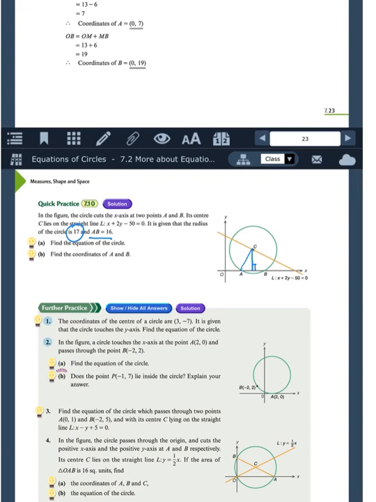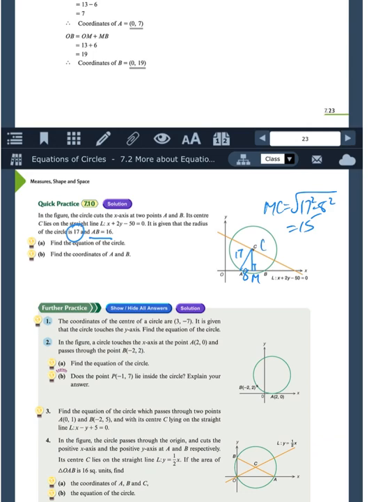AC will be the radius of the circle, which should be 17. Let M be the midpoint of AB, so AM is 8. Then by Pythagoras theorem, MC will be the square root of 17 squared minus 8 squared, which is 15.